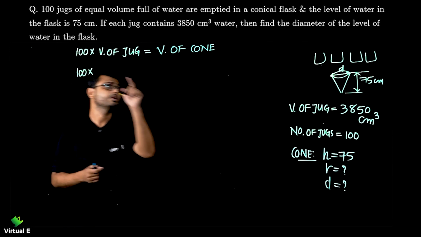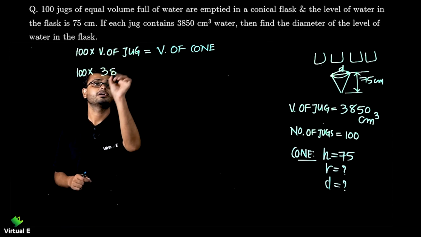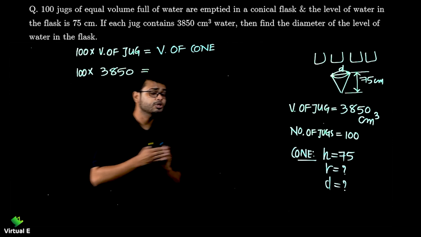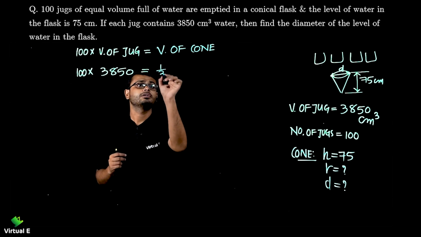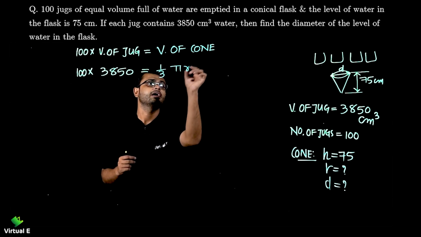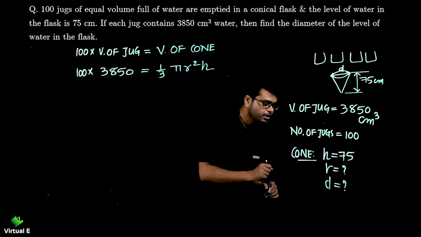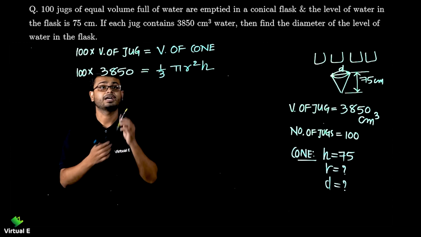What's the volume of one jug? That is 3850. 3850 is equal to the volume of the cone. What's the formula? 1/3 of the cylinder, so 1/3 pi r square h. Remember, r is the missing quantity, d we need, and h we have. Yes, d we need to find indirectly.